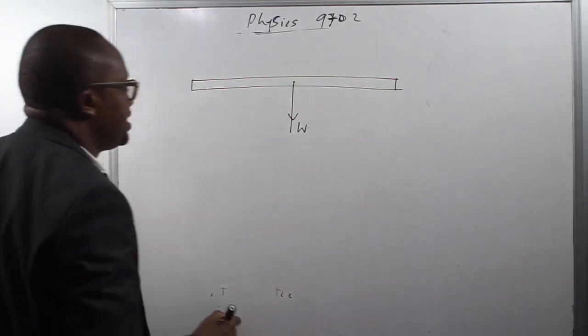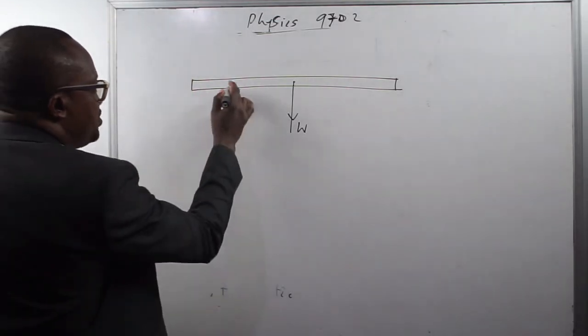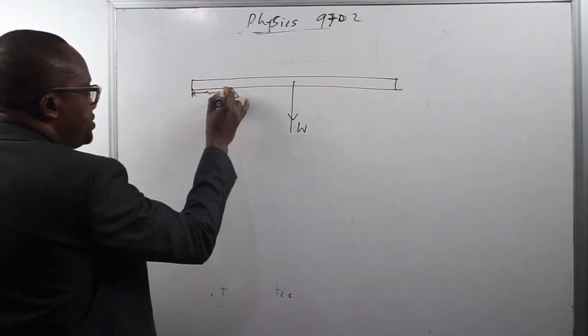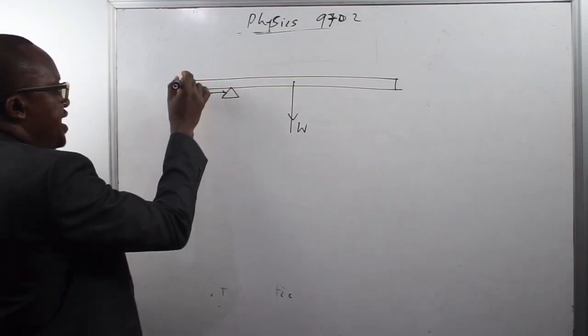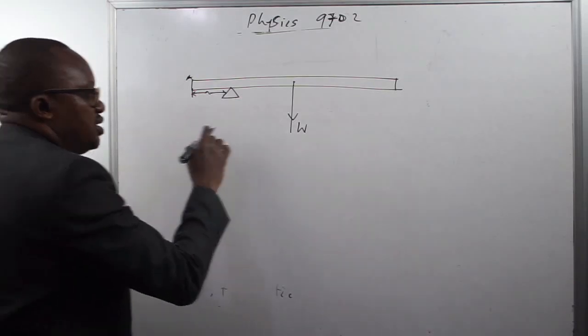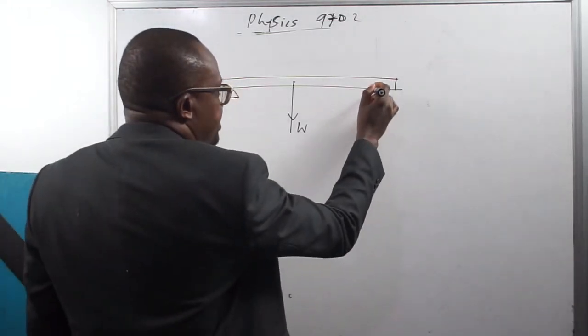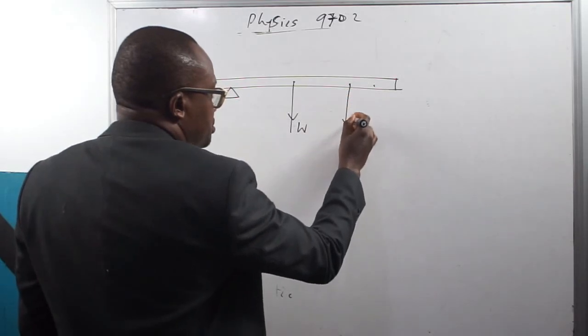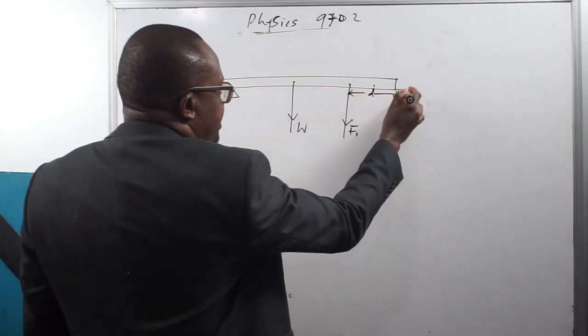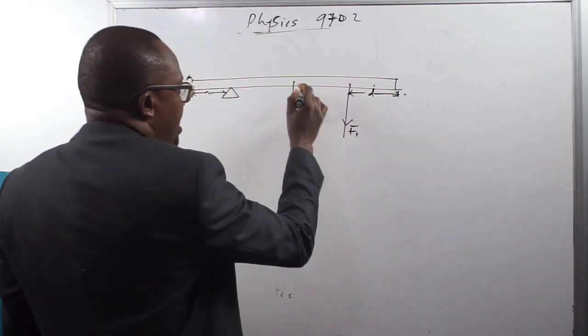So let us say that the bar is pivoted at a distance a from end A of the bar, and also then we have weight F1 acting at distance D from the bar.